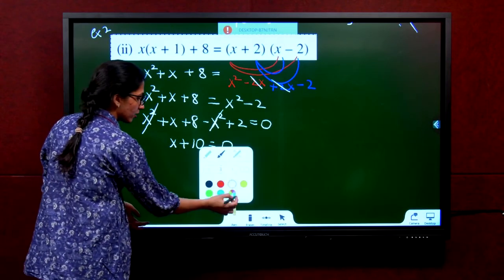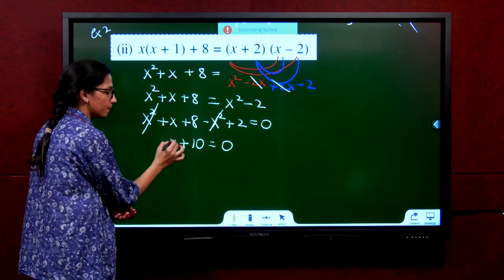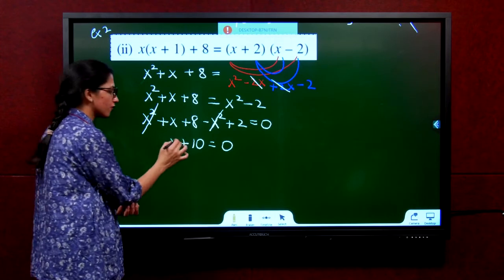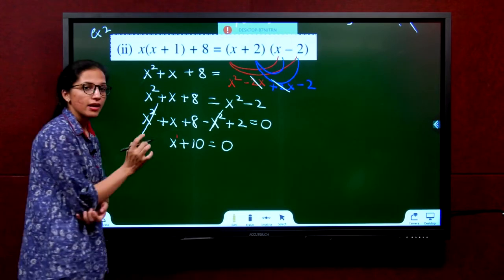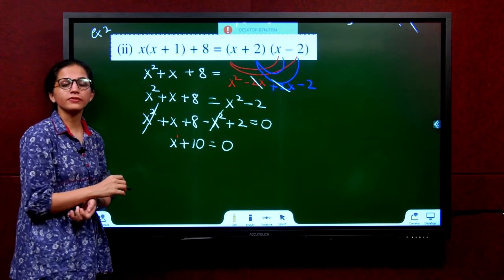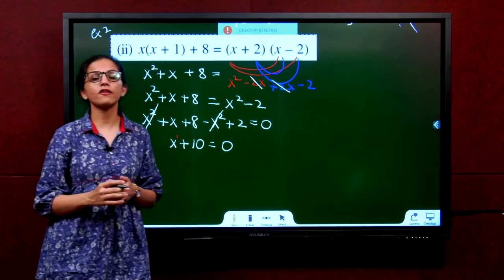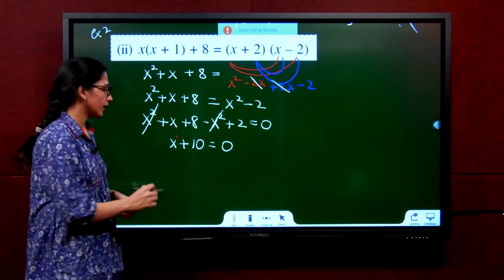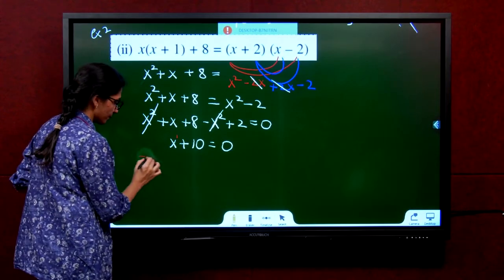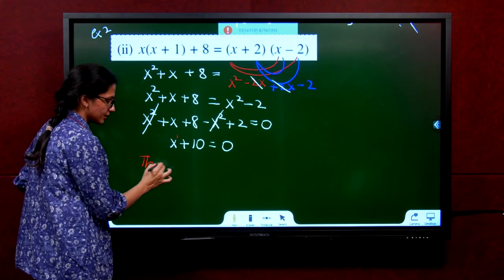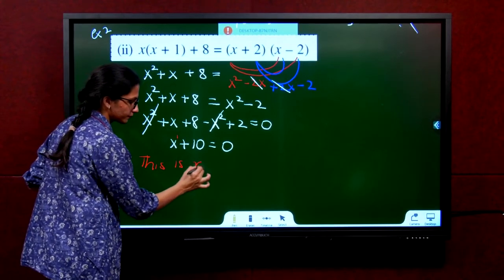Why? Because the highest power of x here is 1. It is not 2. For something to be called a quadratic equation, the highest power of x has to be 2. So this is not of the form.